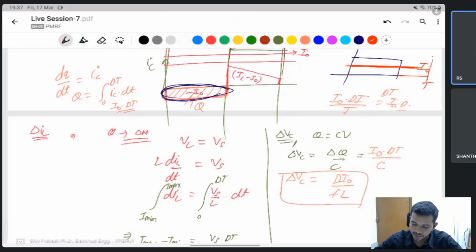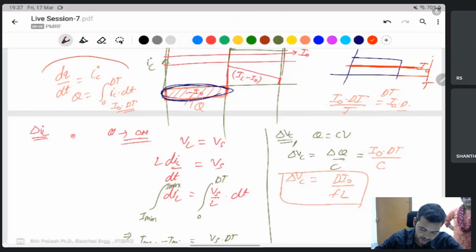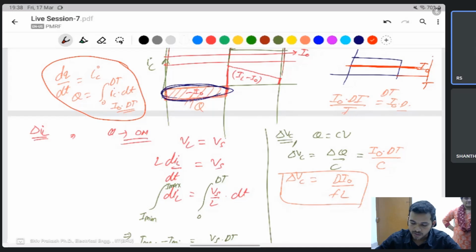Total charge means the integration of current, dq by dt, and integration of any current is the area of the curve, which is the magnitude multiplied by the time period.